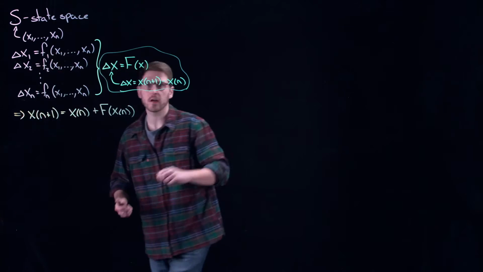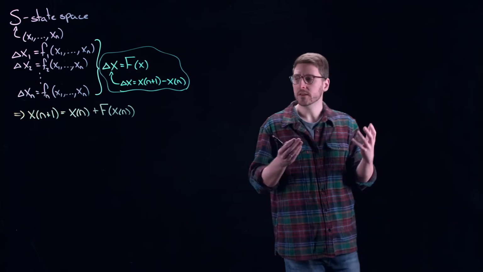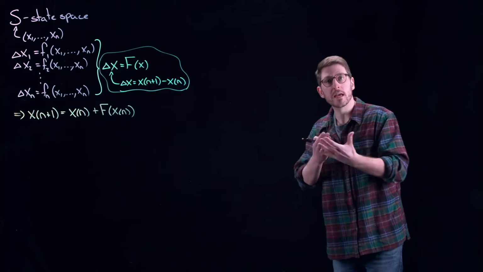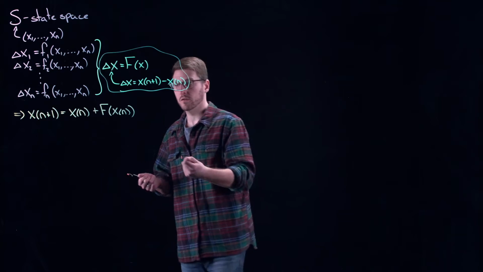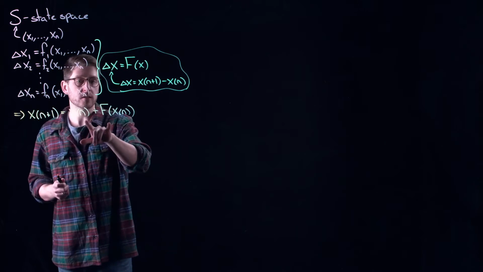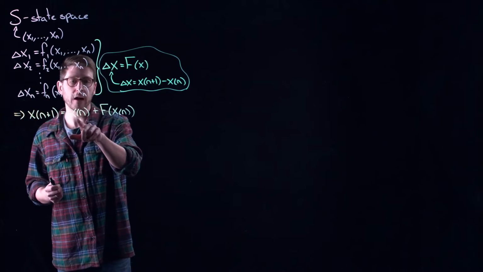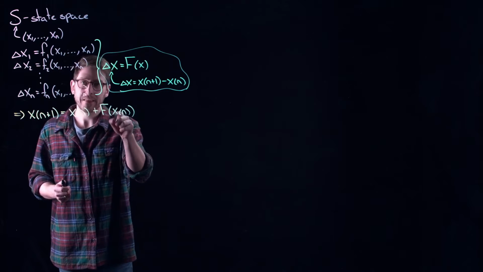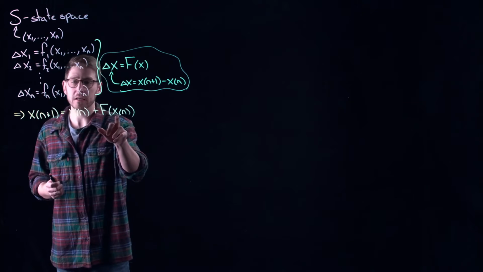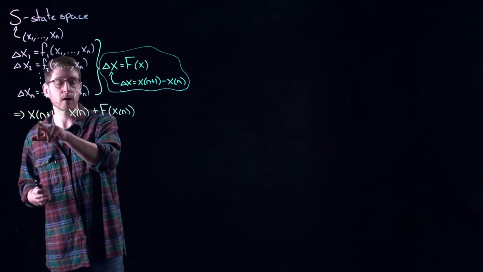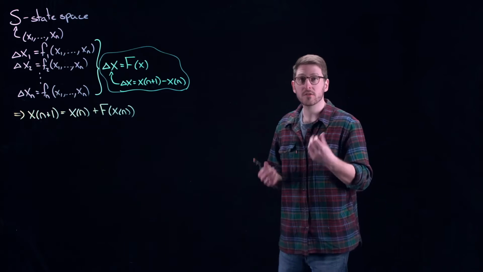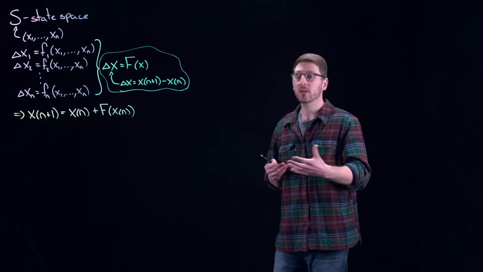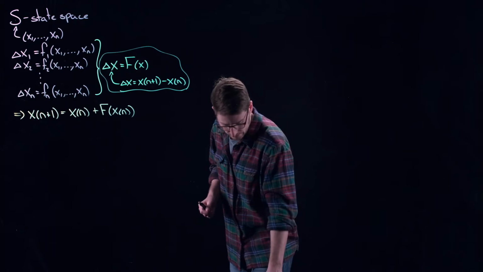Right? So if you look at this on the right-hand side, everything is a function of what is currently taking place. This is just like Newton iteration, right? So Newton iteration, we saw that we have our current value and then an update. That's the same thing that's happening here, and it tells us where we are going next. So in fact, you could always think of Newton iteration as an example of a discrete dynamical system.